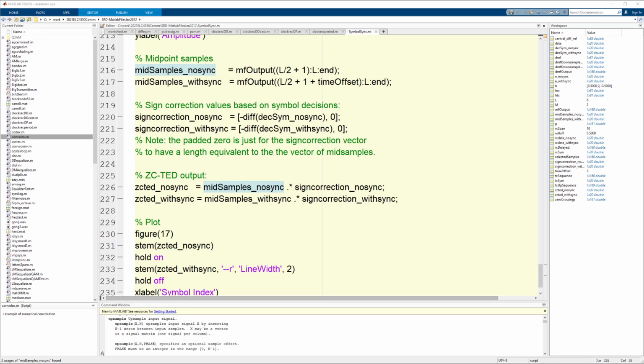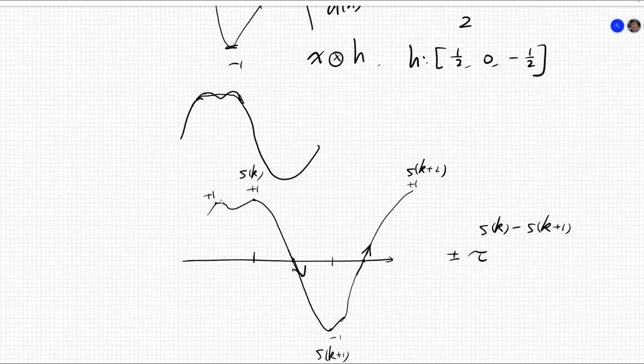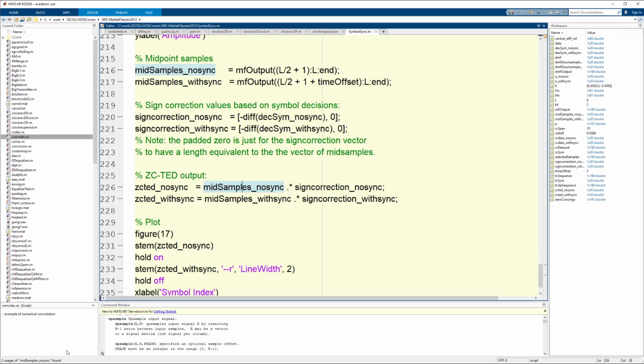For the case of two consecutive ones, the result of sk minus sk-1, the difference between these two consecutive symbols, is 0, because I don't have any zero crossing points. Therefore, in Matlab, we will see this term will be 0. As a result, there is no zero crossing time error detector output, and the output will be 0. That is not doing anything to the loop filter.